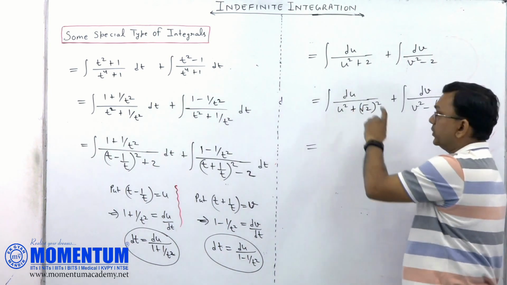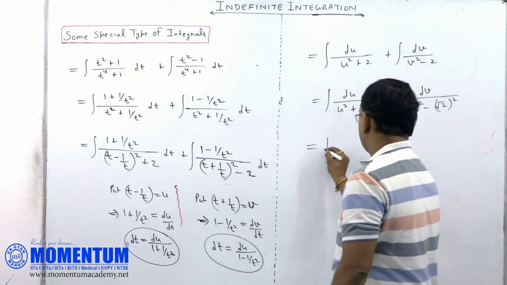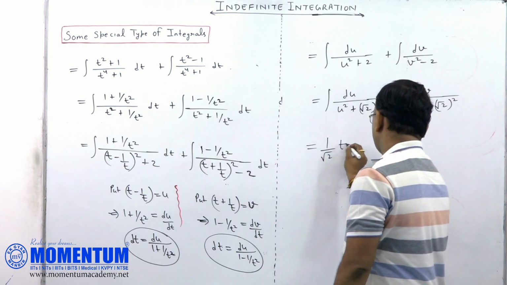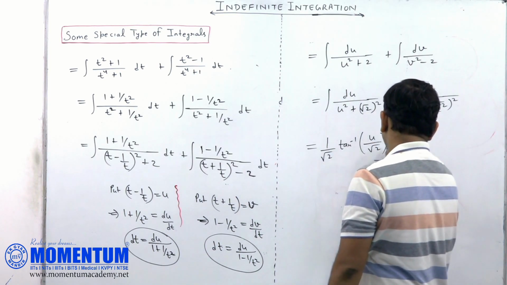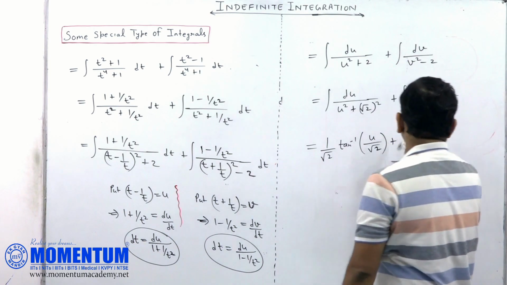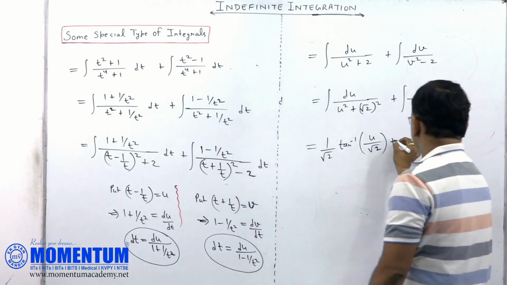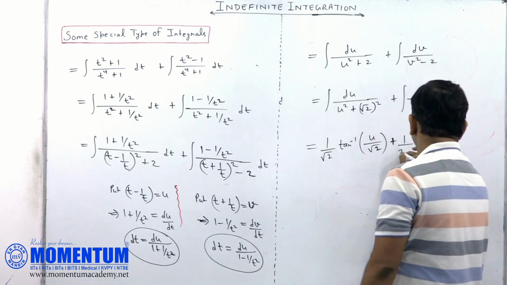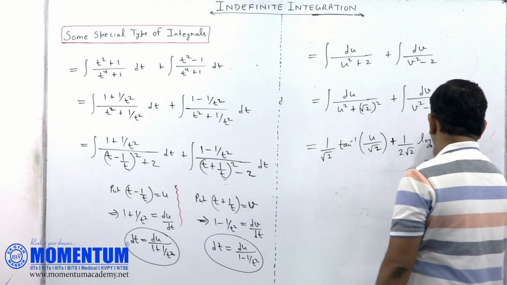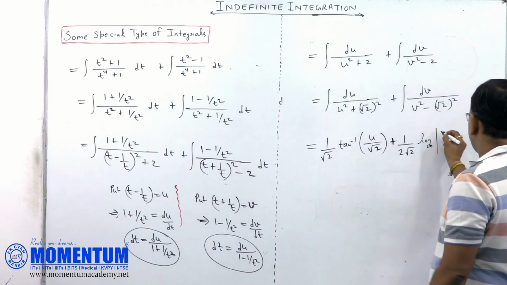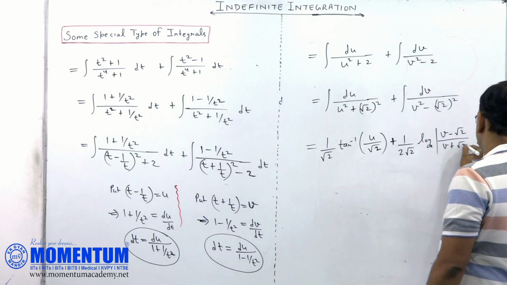Standard formula, which formula? 1 upon x square plus a square. What is the formula? 1 upon a tan inverse x upon a. Standard formula, which formula? 1 upon x square minus a square. What is the formula? 1 upon 2a log of x minus a divided by x plus a.